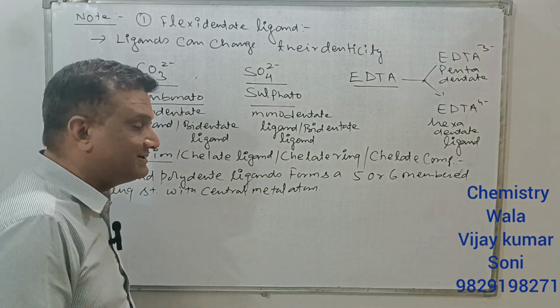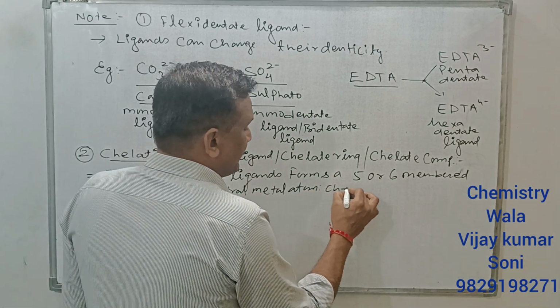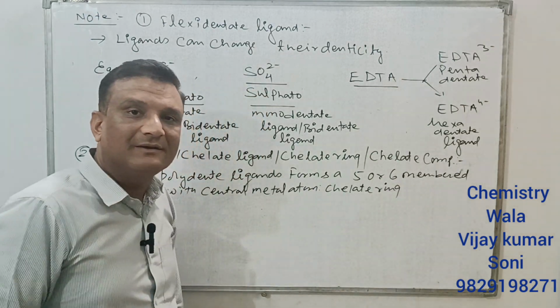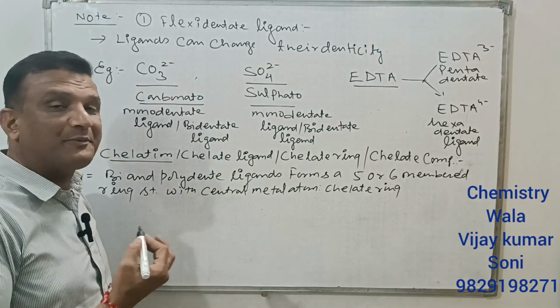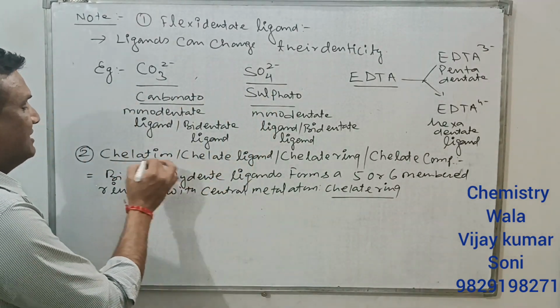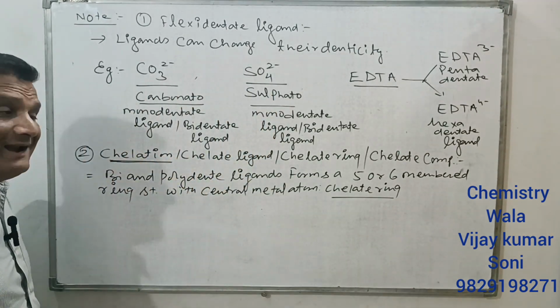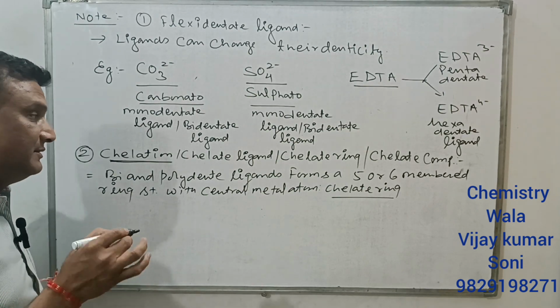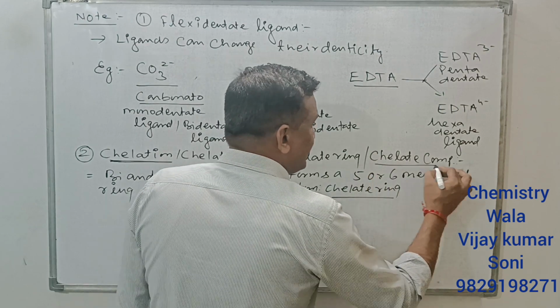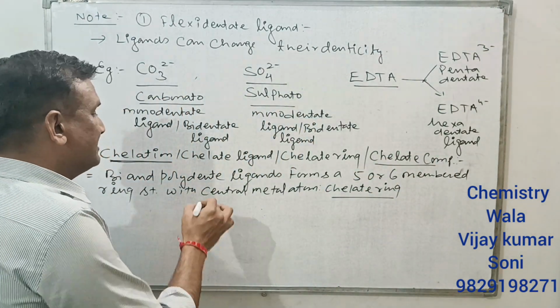This ring is called a chelate ring. And the formation, phenomenon or property of formation of a chelate ring is called chelation. And the compound in which this chelate ring is present is called a chelate compound, and the ligand is called a chelate ligand.